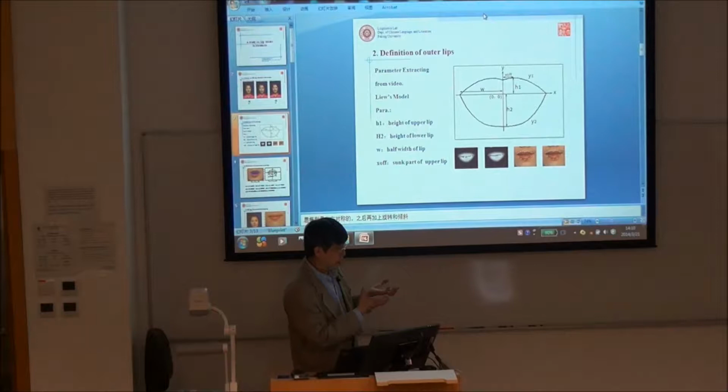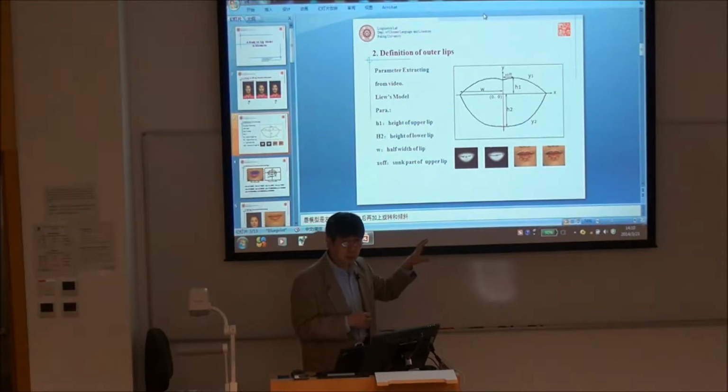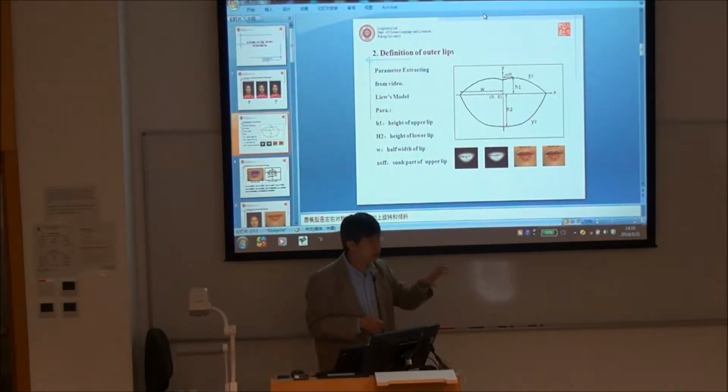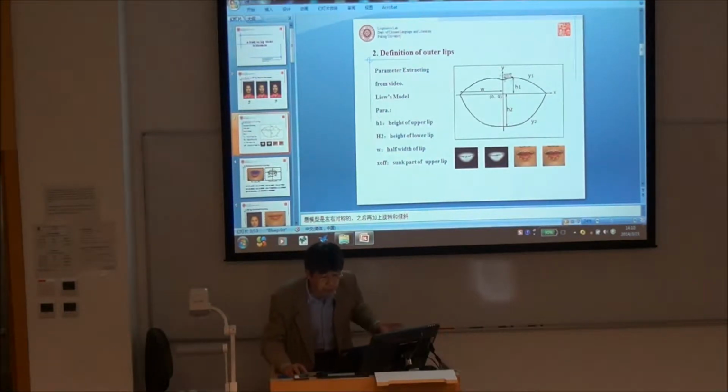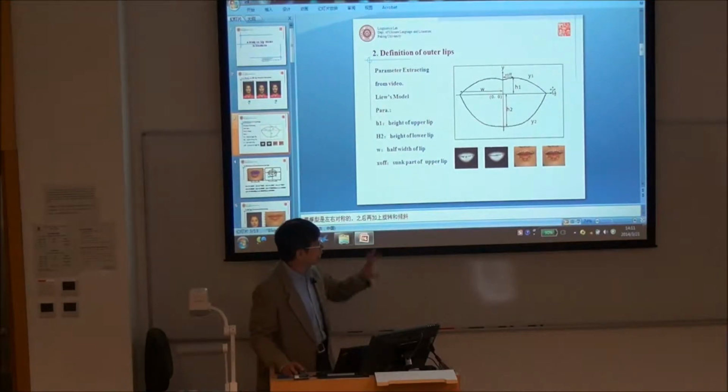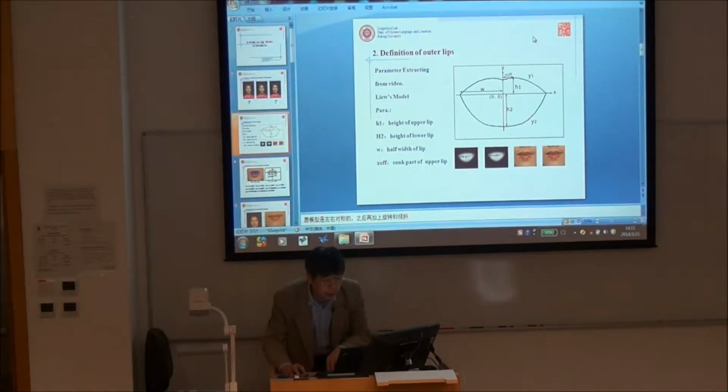From the materials you can find the person, or sometimes you can use these parameters to enhance speech recognition. Here you can see they use the width and the height to define lips.